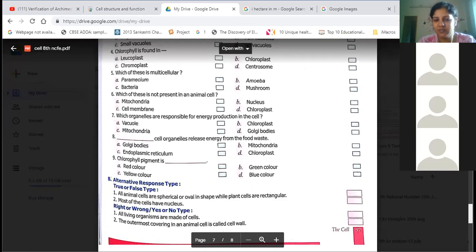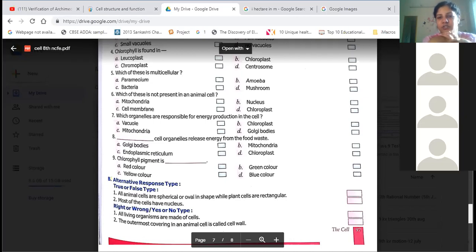All animal cells are spherical or oval in shape, while plant cells are rectangular. True or false? Students say false. A student says it depends, some cells are round, some are cuboid, cylindrical.